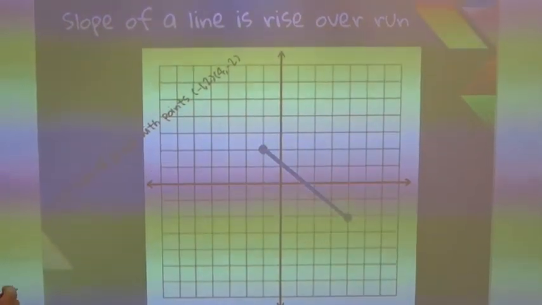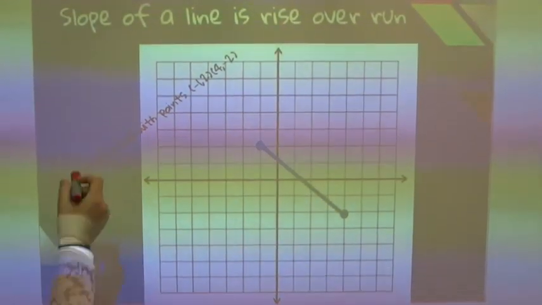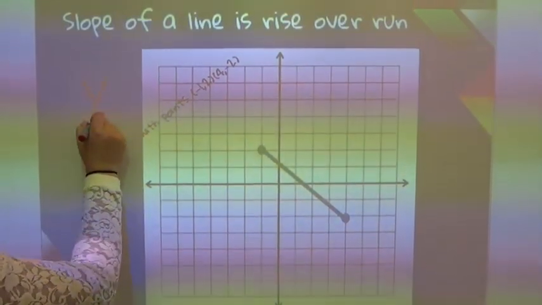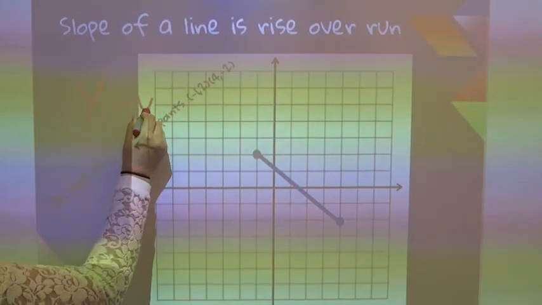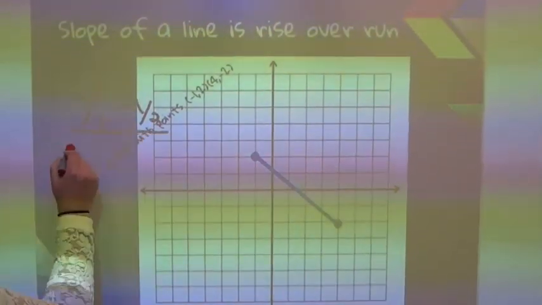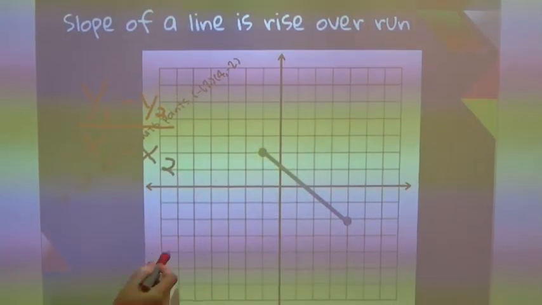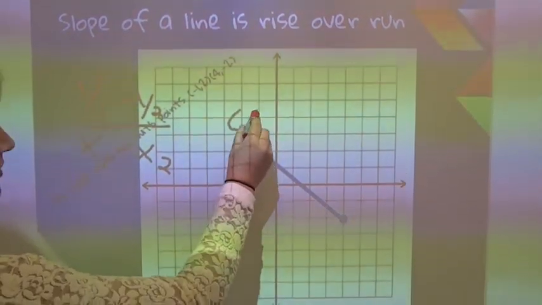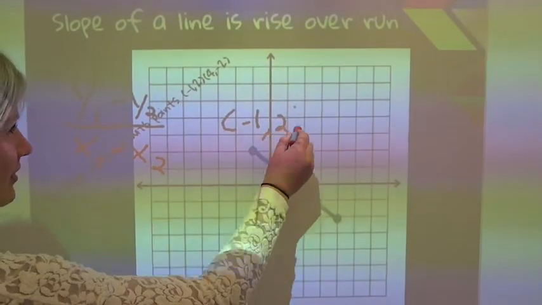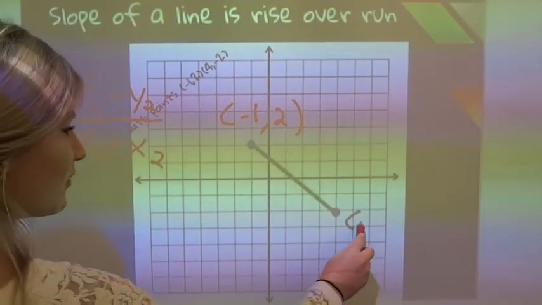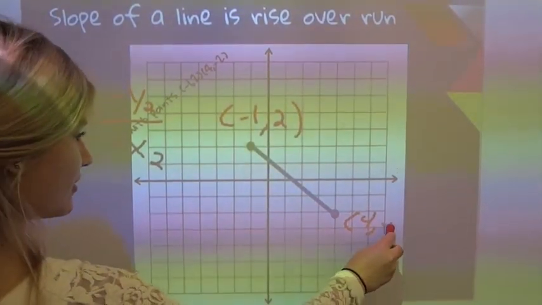The next method to find the slope of a line is using an equation, which is y1 minus y2 all over x1 minus x2. We know that this point right here is negative 1, 2, and this point is 4, negative 2.